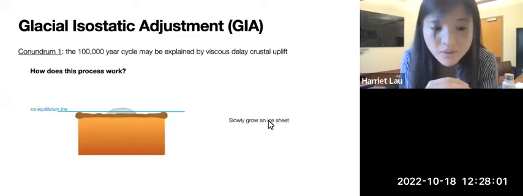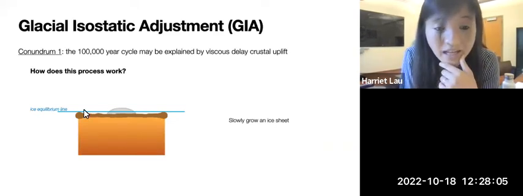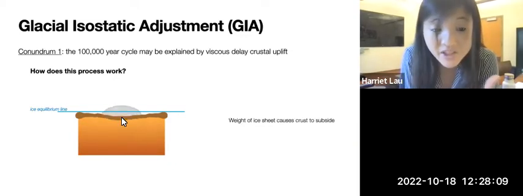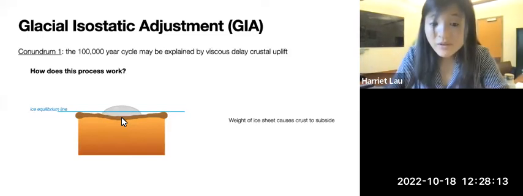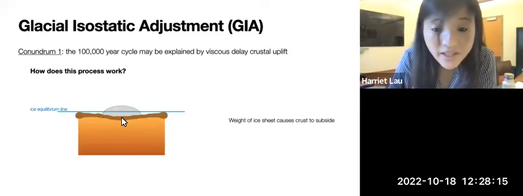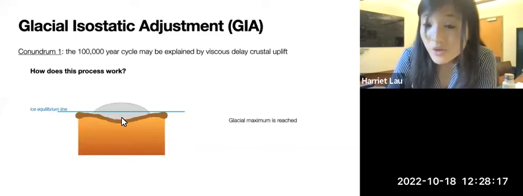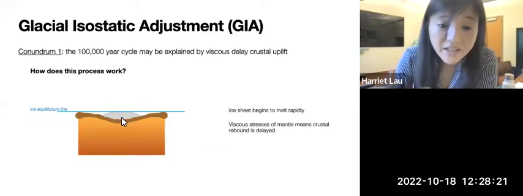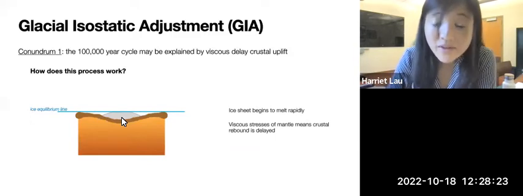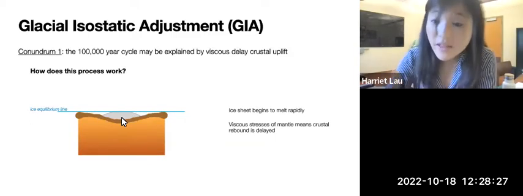But just to give you a better idea schematically, this is the process. We have that ice equilibrium line and our ice sheet above it. And this ice sheet is growing. Under the weight of that ice sheet, we drive mantle flow and it causes the crust to subside. This continues right up until the maximum height is reached. And as you move into a melt phase, the melting is more rapid than the flow of the mantle.